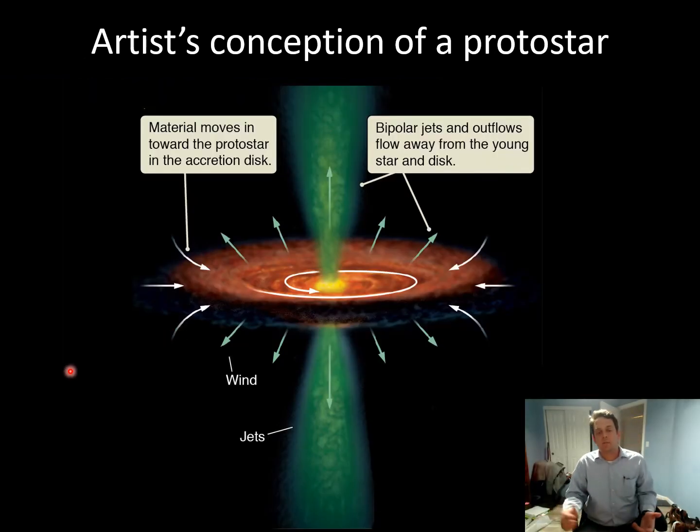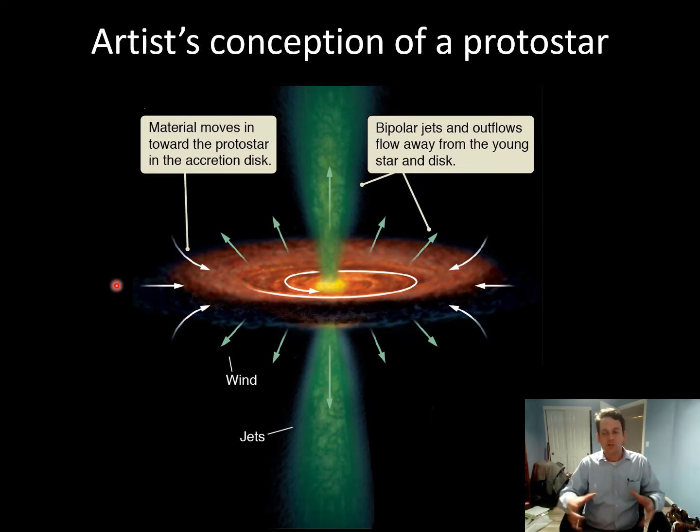So now let's say a little bit more about what the protostar does, as we take another step towards actual stellar formation. Thanks to gravitational collapse, you've got this central ball. Again, it's a gas, so it's not a hard sphere by any means, but you have this central ball, and material, thanks to gravity, is moving in towards the protostar in something that's known as an accretion disk.